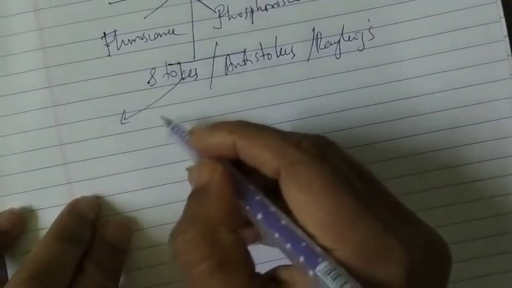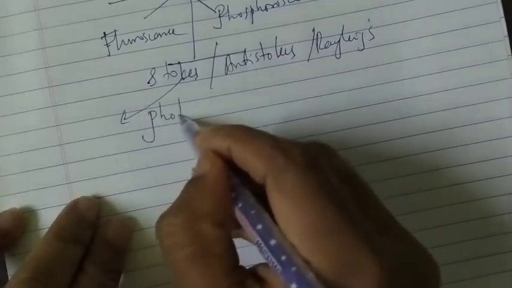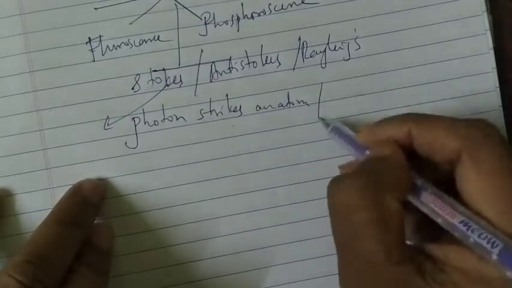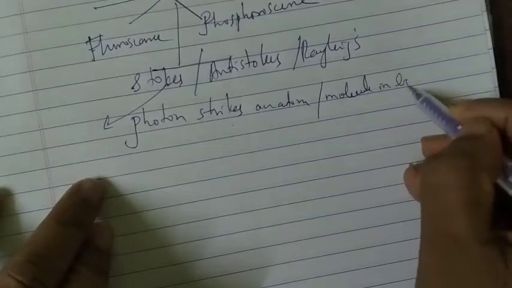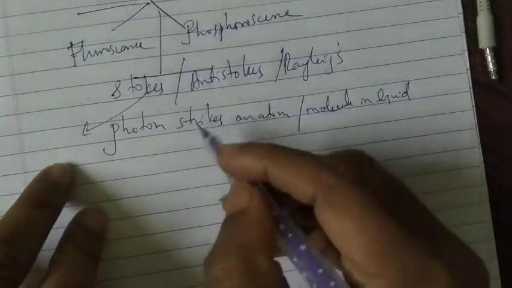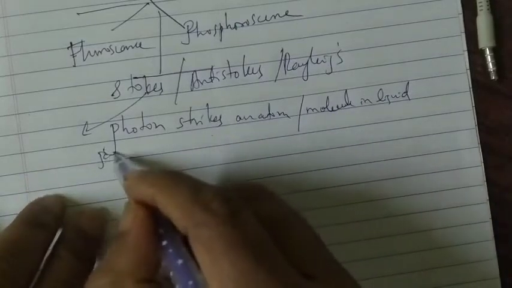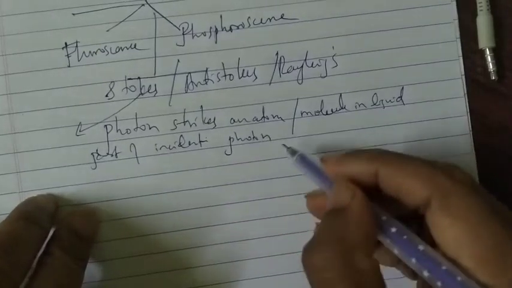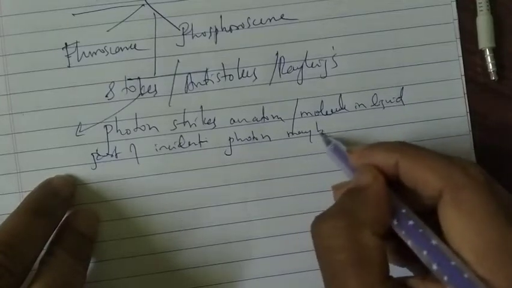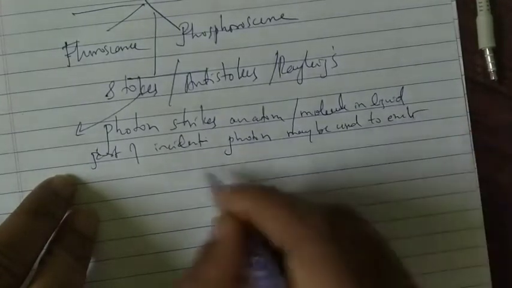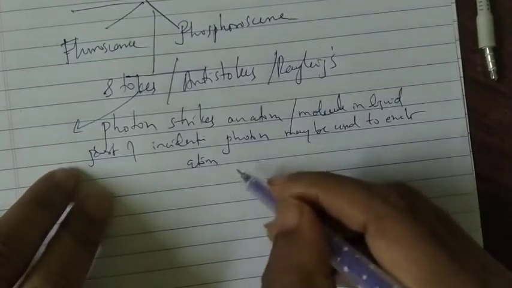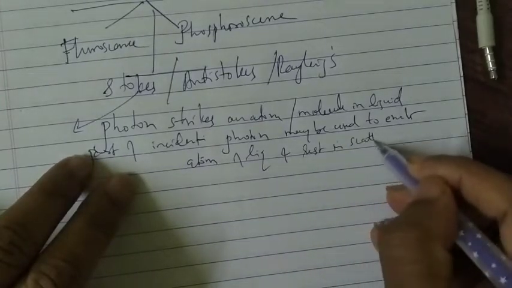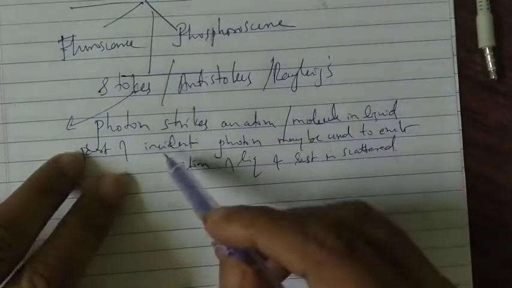It is a phenomenon where if a photon strikes an atom or molecule in liquid, a part of the incident photon may be used to excite the atom of the liquid, and the rest is scattered. Okay, understand this.